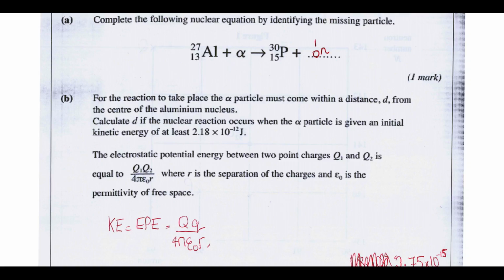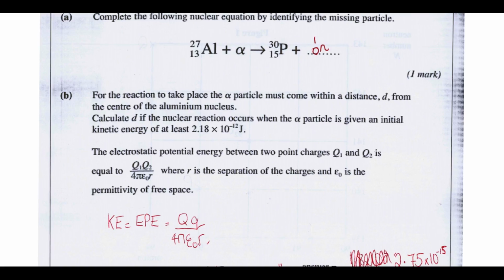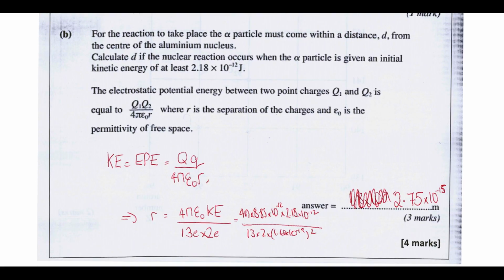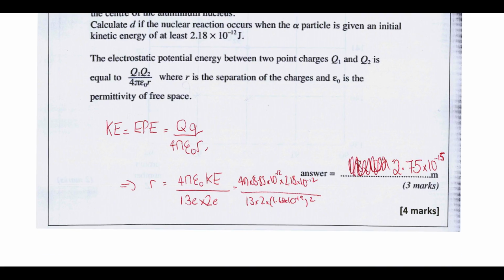So to get an alpha particle close, obviously you have to do work against the electric field that's repelling the nucleus and the alpha particle. So what you need to do is transfer kinetic energy into electric potential energy. So this is your equation for electric potential energy. We've been given the kinetic energy. So what you need to do is rearrange to make R the subject, because that's what we want, the distance. And then we plug the numbers in.